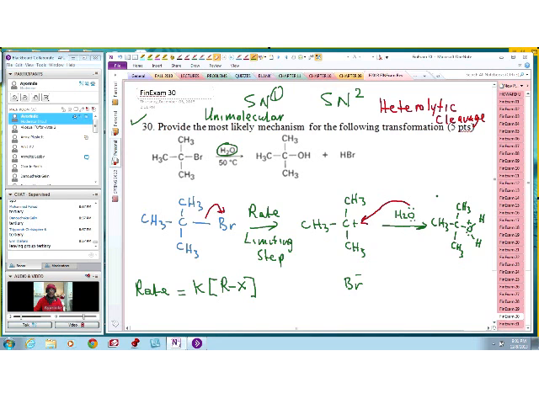So at this point, what happens now? The bromide here now comes in to react as a base.